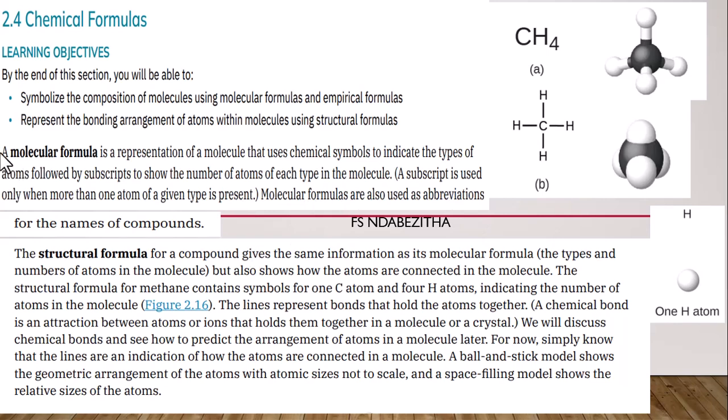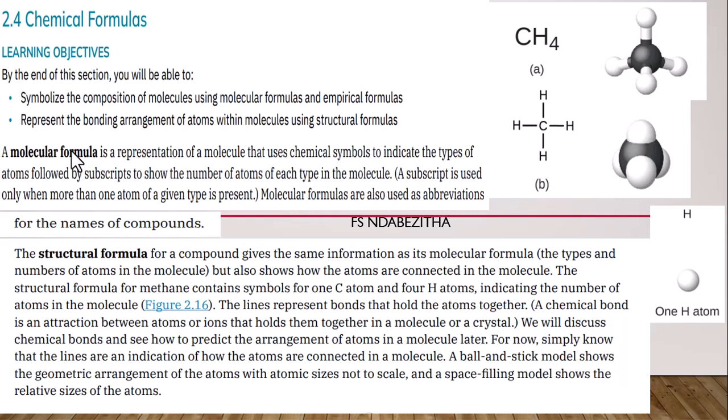Now, a molecular formula, what is it? It is a representation of a molecule because it is molecular. So it is a representation of a molecule that uses chemical symbols to indicate the types of atoms, followed by the subscript to show the number of atoms of each type in the molecule.